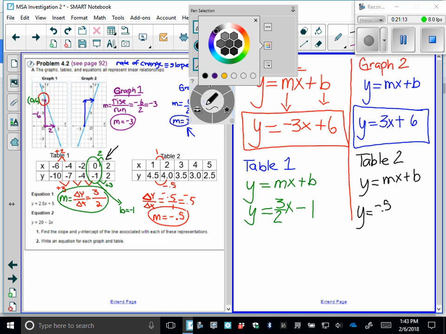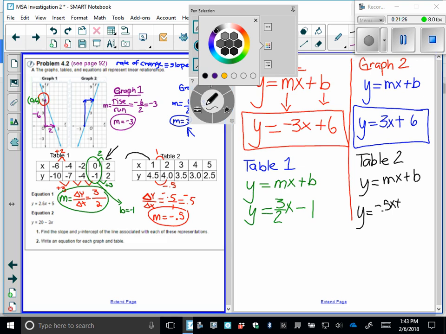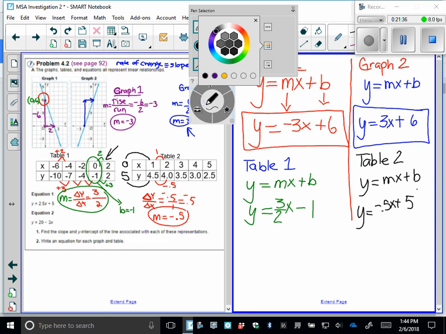And so then I go to the table and I find when x is 0, can I find the y-intercept? And it doesn't really show it to me, so I have to think backwards. If I went down one more to 0, I'd have to go to 5. So it'd be y equals -0.5x plus 5. And that's my equation. So that's a little bit more of a level 3-ish thing because you have to find the intercept.